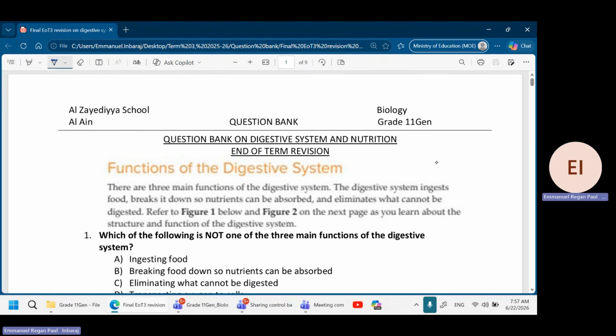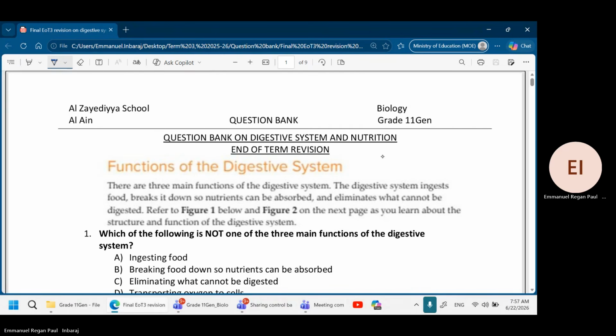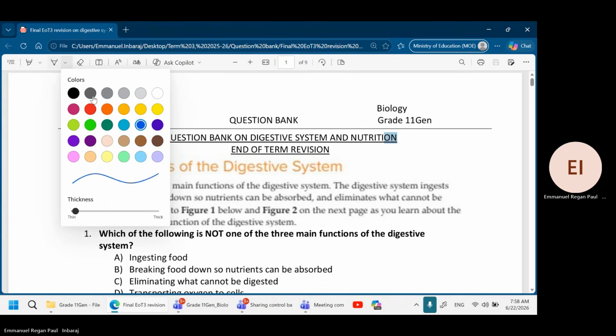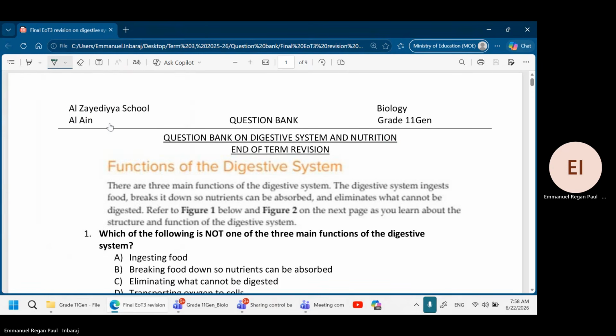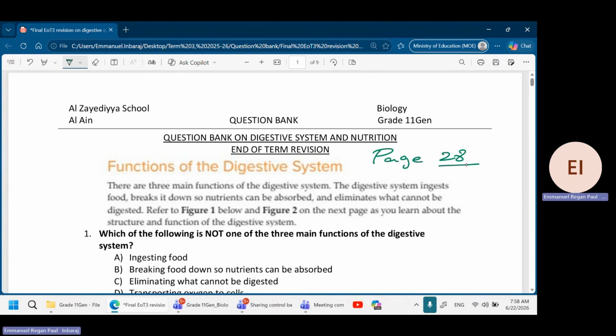Page number 28. The first question is going to be on the functions of the digestive system.